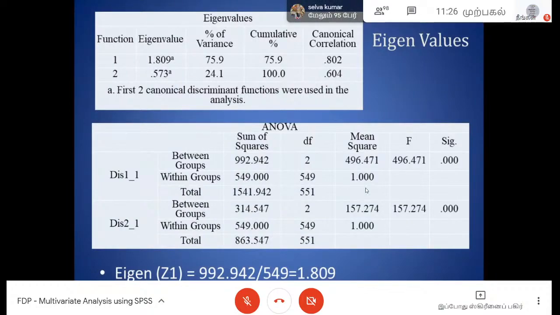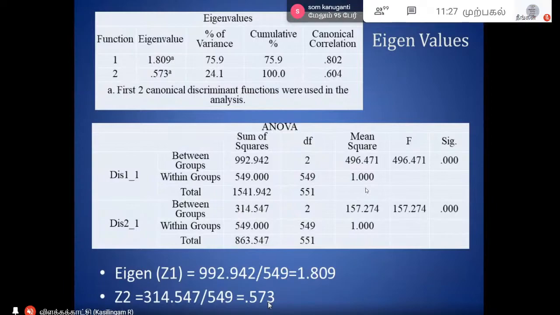Within groups should be small, between groups should be high. If between groups is high, the groups are different. That difference it captured two times, which means this function captures more of the difference between the groups. So this function is a very important function.